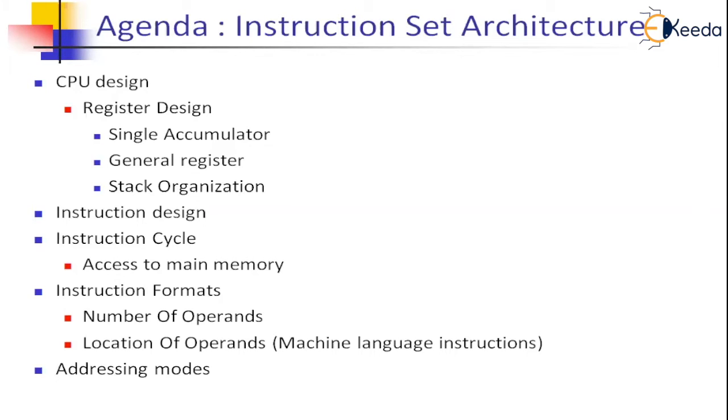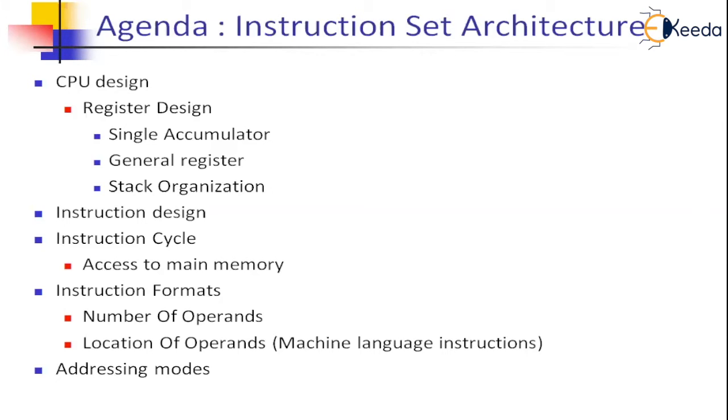A register size can be 1 byte, 2 bytes, 3 bytes, or 4 bytes, depending on the computer architecture. We'll come to that topic in a short while. Eventually, the register provides a storage provision for storing a word. The size can be 8 bits to 64 bits. We'll talk about that in a short while.